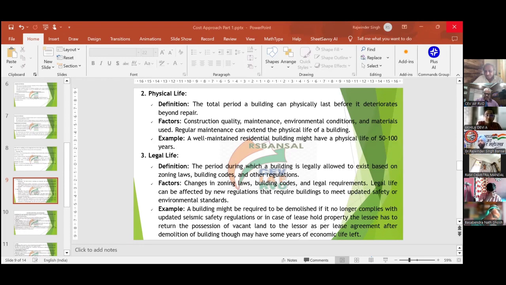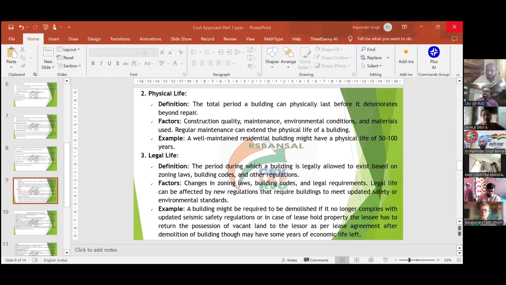Or in case there are zoning changes, as you know, in today's scenario, buildings have to be earthquake resistant, especially in the seismic zones. So if the building is not complying with the seismic requirement, it has to be demolished and reconstructed as per the seismic requirements.